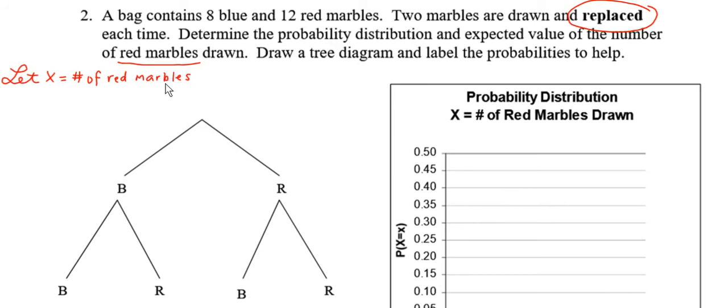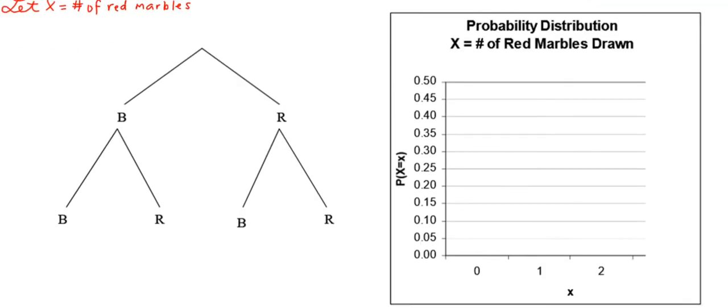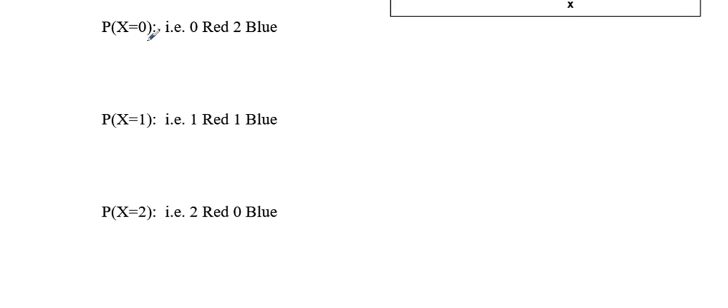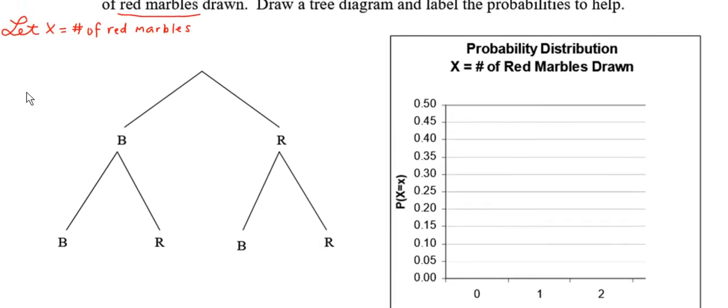And after we know what x represents, you also need to know what the possible outcomes are. Remember all of this is in terms of red marbles. So we're looking for the probability that the number of red marbles is 0, the probability that the number of red marbles is 1, and the probability that the number of red marbles is 2. And we do that by using this tree diagram.